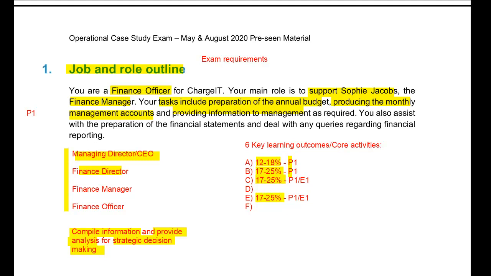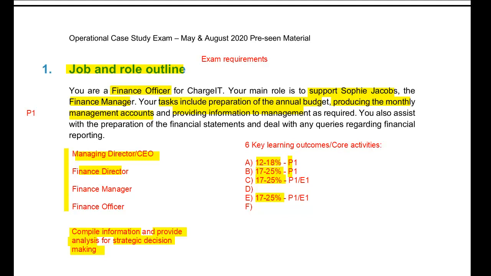So what we have here are a couple of learning outcomes that maybe aren't as specifically focused on central P1 theory as learning outcomes A and B. But these are more general core activities that allow CIMA to test you on a variety of different topics from both the P1 and the E1 syllabuses.